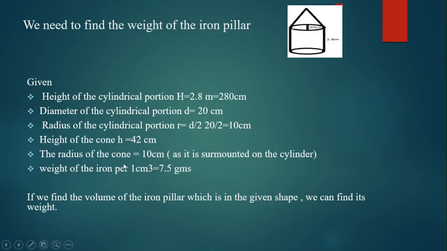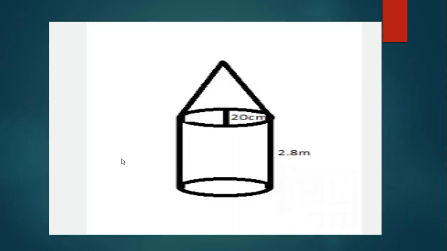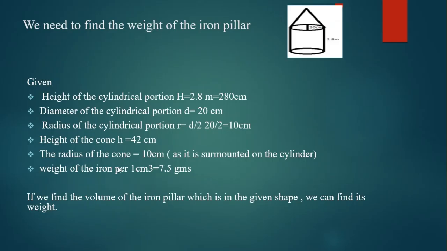What is the radius of the cone? It is not at all mentioned in the given problem. Only the radius of the cylinder is mentioned, but not the radius of the cone. But we can take the radius of the cone as 10 centimeters because it is surmounted on the cylinder. When the cone is surmounted on the cylinder, obviously it will have the same radius.